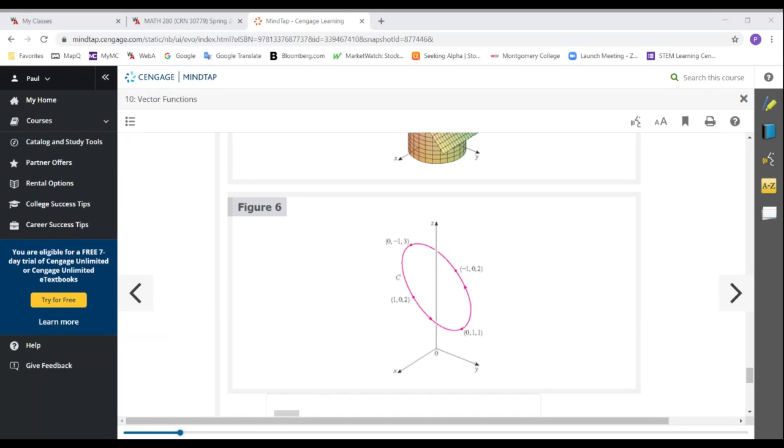Every point on the space curve has an x, y, z coordinate. But if you were to project the space curve down into the xy plane, what would the projection look like?